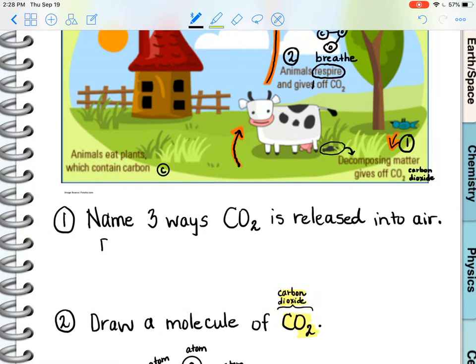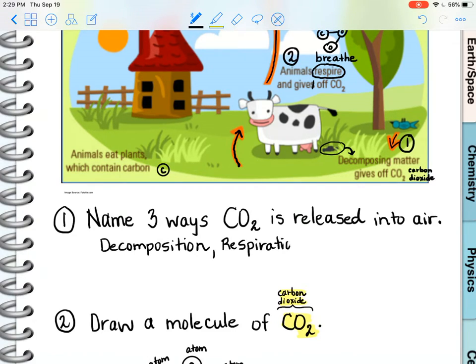So we have decomposition, when dead things decompose, or when that animal poop decomposes. So decomposition is 1 way. Respiration, when the animals breathe out.